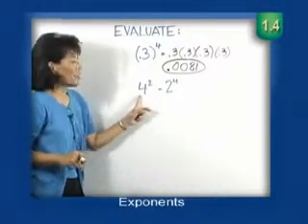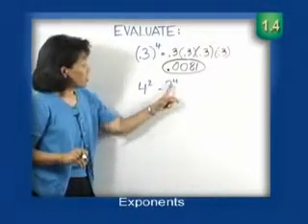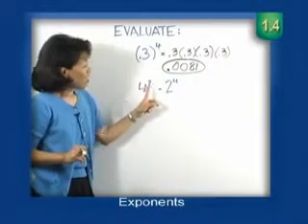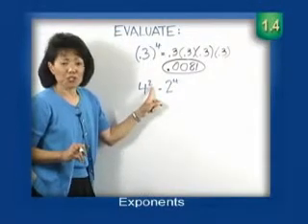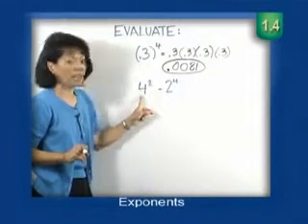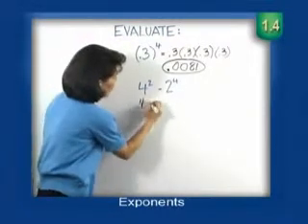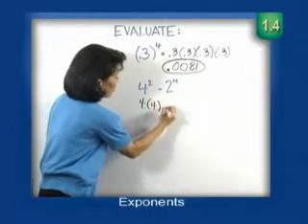Let's evaluate our last expression here. The first thing we're going to do is raise each of these numbers to its exponent. Remember, 2 is the exponent. 2 represents a number. We're going to multiply the base times itself. That gives me 4 times 4 minus.